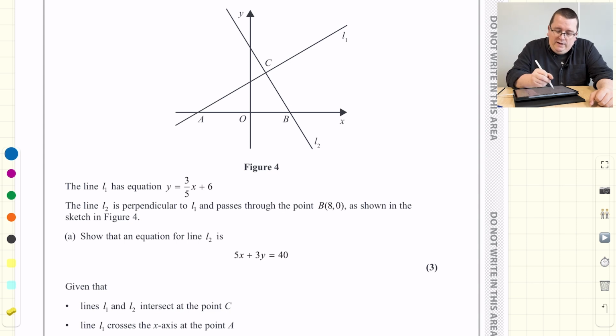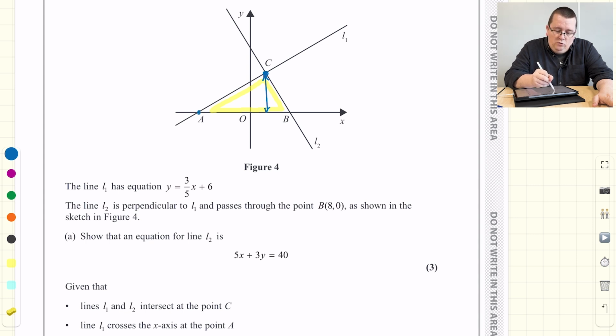So we need to find the area of this triangle in here. Okay, so what I intend to do is work out where the two lines intersect. So I work out the coordinates of C. I then know what the perpendicular height is of the triangle.